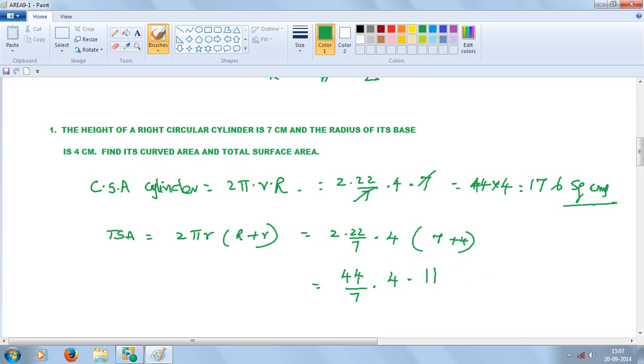So first we will multiply 4 by 44. 4 4s are 16, 1 4 4s are 16 plus 1, 176 multiplied by 11 divided by 7. So if you multiply 176 by 11, you can work it out manually.